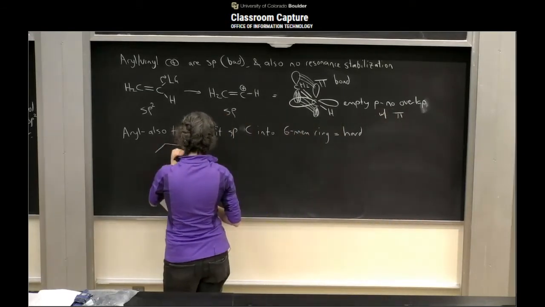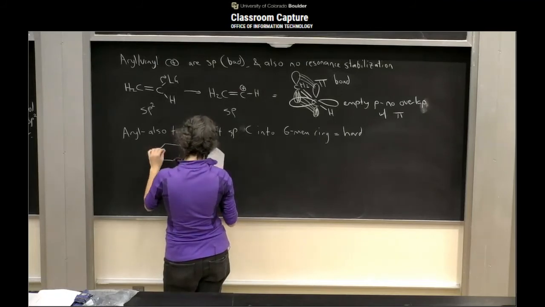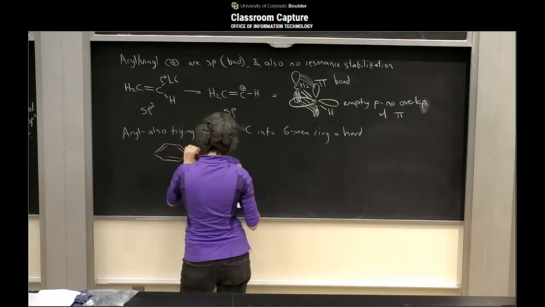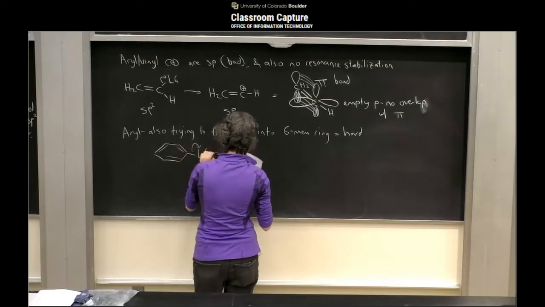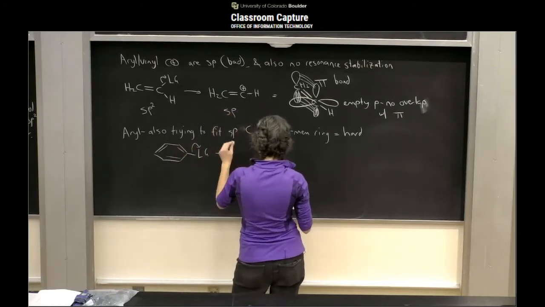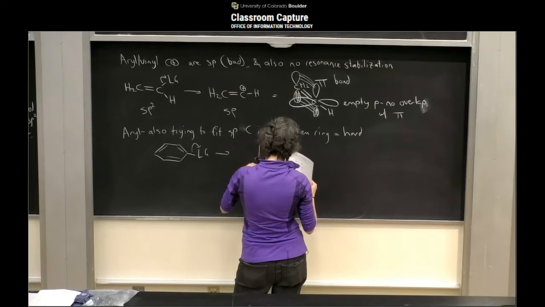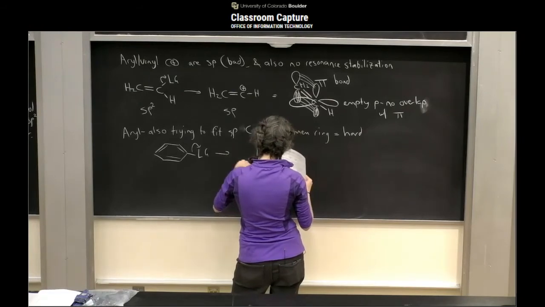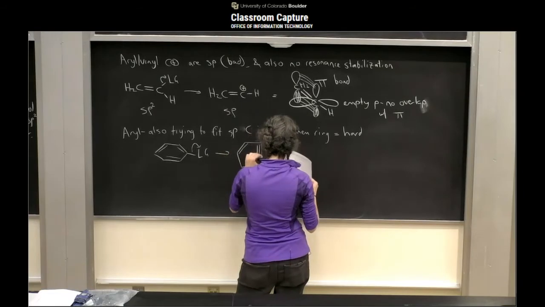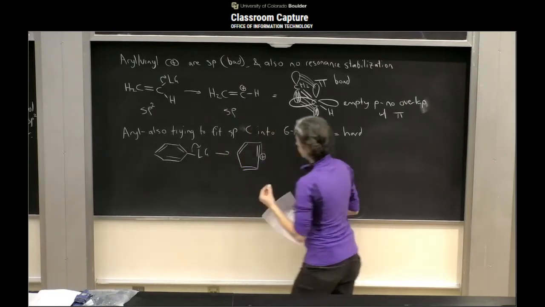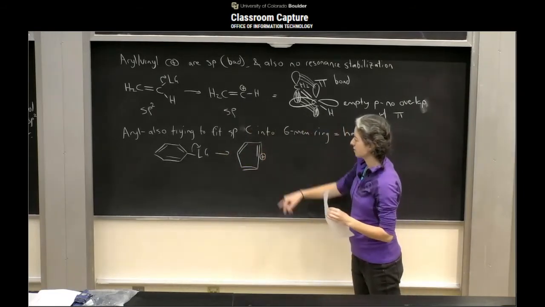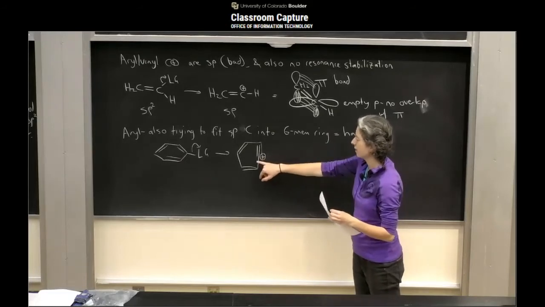So if we have a leaving group drop off of here, then we're trying to go linear at this carbon, which is sp hybridized.